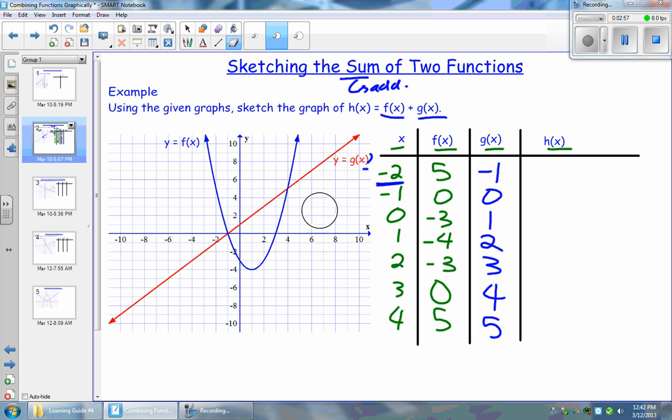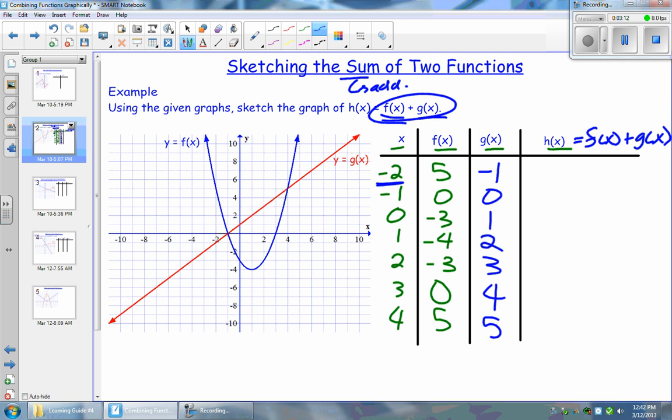Once you've filled in the table of values for each of your given functions, we're just going to calculate the sum. So remember, h of x is equal to f of x plus g of x, and that's given in your question. To find your points on h of x, all you have to do is add your corresponding y values for each of your functions.